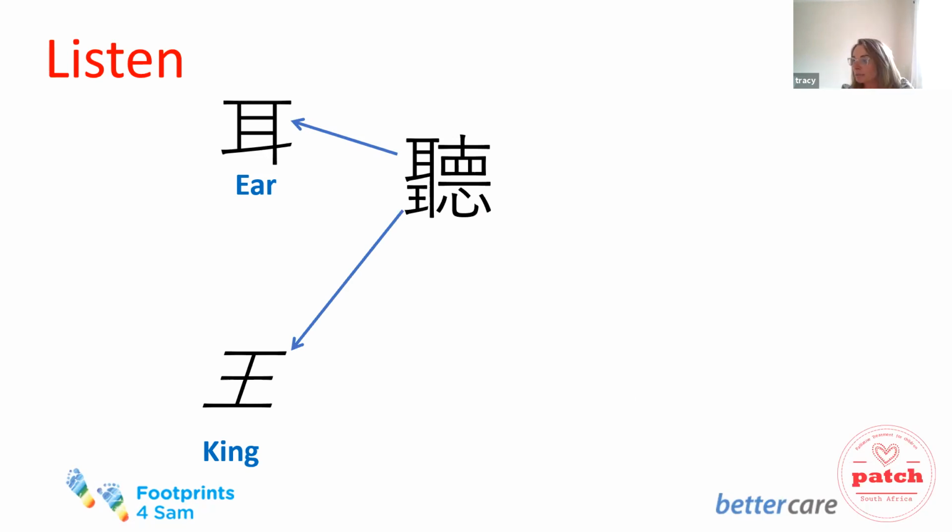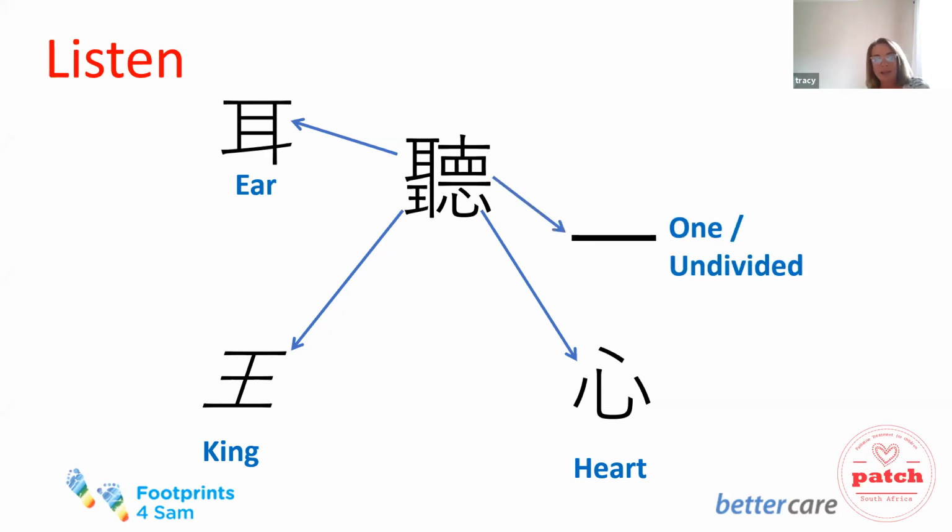The next part of the symbol is the heart. And when we look at the position of the heart, we also listen with our heart. So when someone's talking to us, we are using that emotional aspect too of our heart. How does it impact us emotionally? Then the fourth symbol is the one, or undivided.